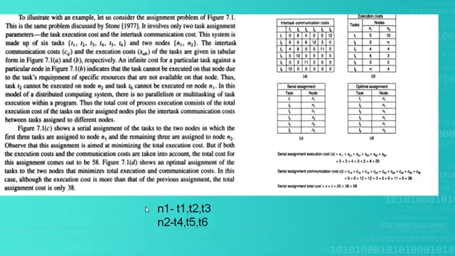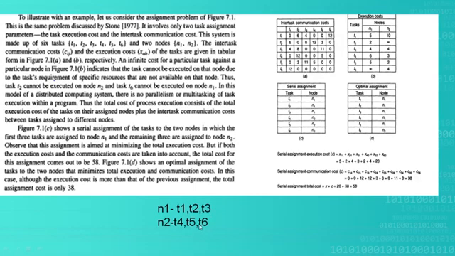See here, N1 is assigned tasks T1, T2 and T3. N2 is assigned tasks T4, T5 and T6. So T1 communicates with T4, T5, T6. Similarly, T2 communicates with T4, T5 and T6. Like that, in node 1, task T3 communicates with T4, T5 and T6.